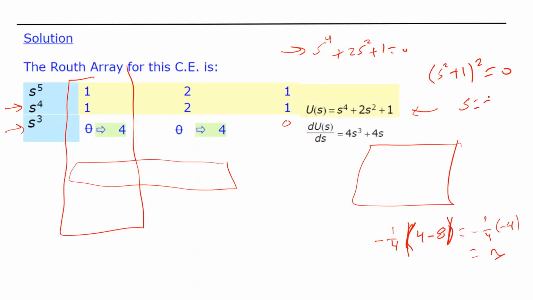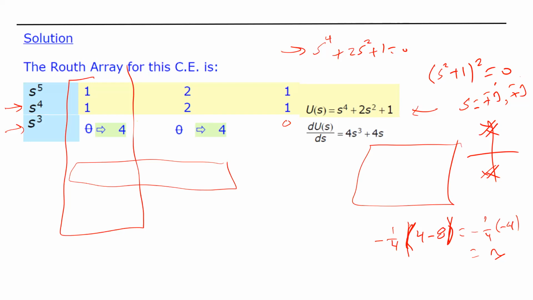So s equal to plus or minus j, and plus or minus j again, which means that I will have a double pole here and a double pole here. Because the poles on the j omega axis are not simple, my system becomes unstable. Because of the repeated poles on the j omega axis, the system becomes unstable.